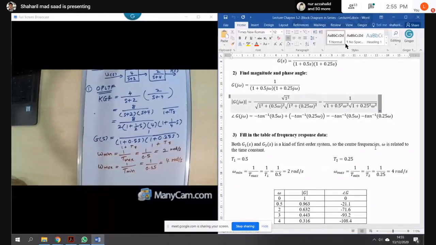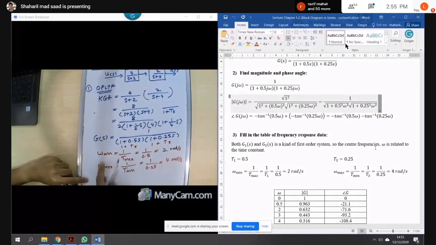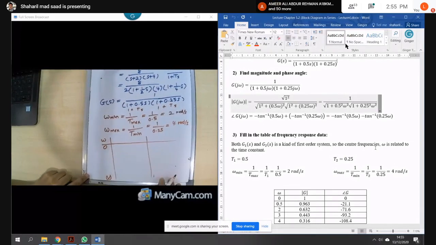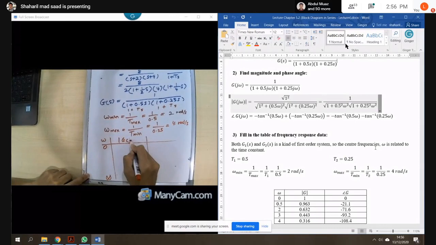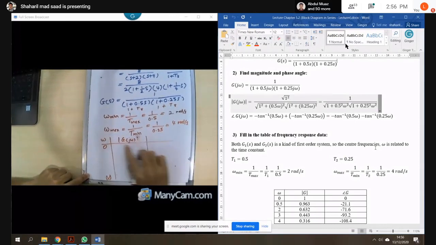Why do we find this? Because later on we want to plot it from 0 until infinity. We want to plot G(jω), the gain magnitude, and also the phase angle.